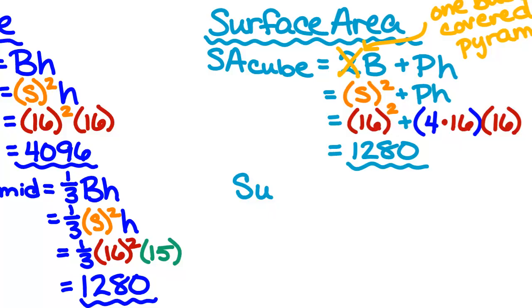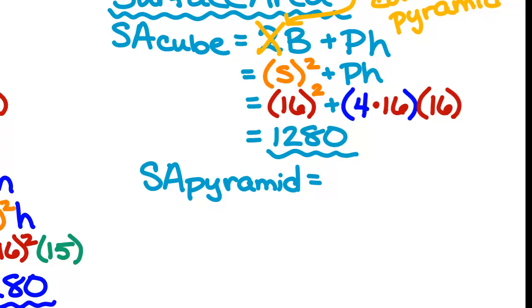And then we need the surface area for the pyramid. Surface area for the pyramid is area of the base plus 1/2 times the perimeter times the slant height. Is the base of the pyramid on the surface of this object?